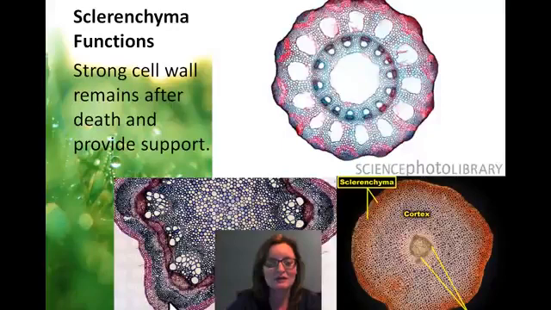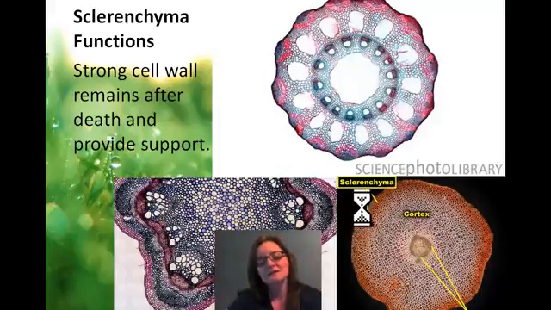Obviously, if we were saying that Parenchyma is providing a food source, this one down here at the bottom left is going to have more availability of that, but it's going to be harder to get to with all these strong structures around it. Whereas the one on the right here, we have lots of Parenchyma. We have a strong, thick layer of Sclerenchyma, but this probably would provide the most food.